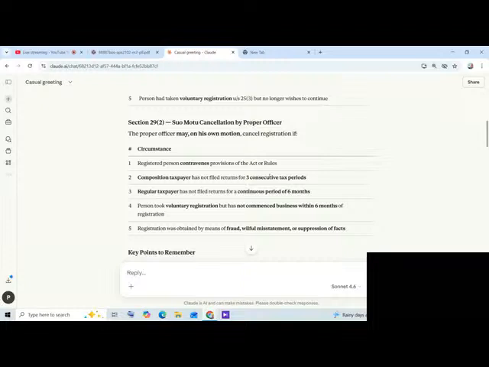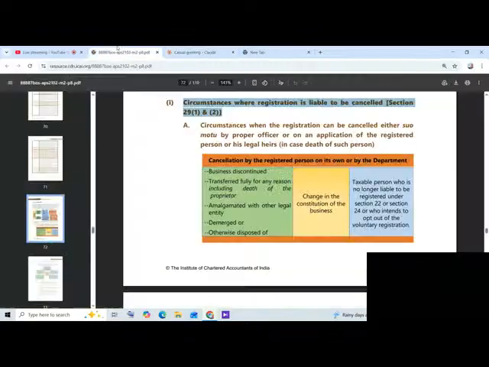Composition taxpayer has not filed returns for three consecutive tax periods, and regular taxpayer has not filed returns for a continuous period of 6 months. Person took voluntary registration but has not commenced business within 6 months of registration. And registration was obtained by fraud, willful misstatement, or suppression of facts. Fine.